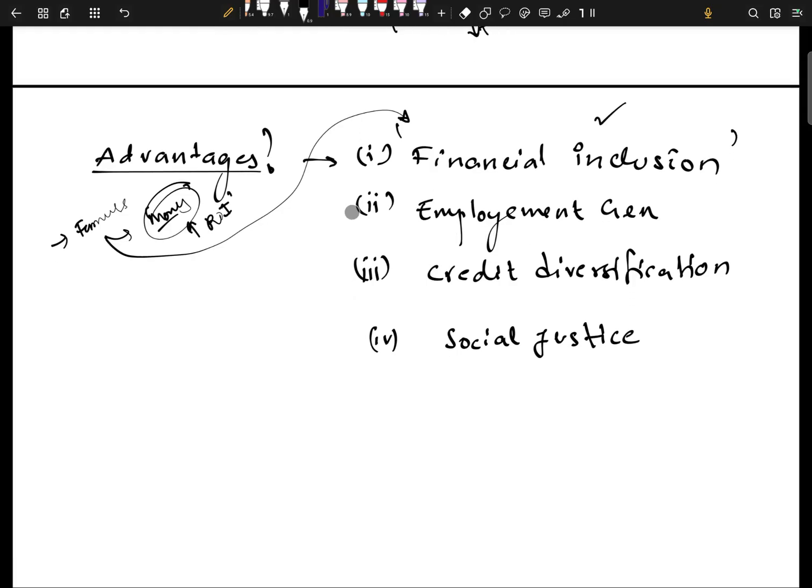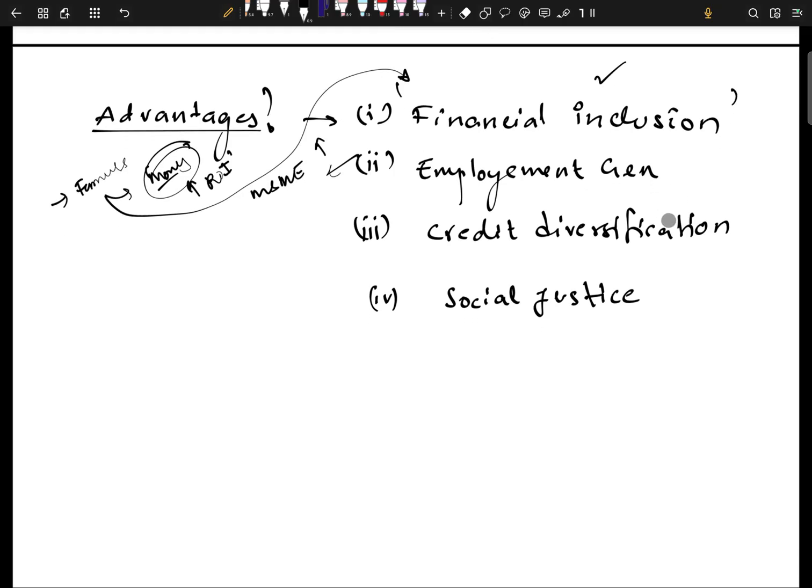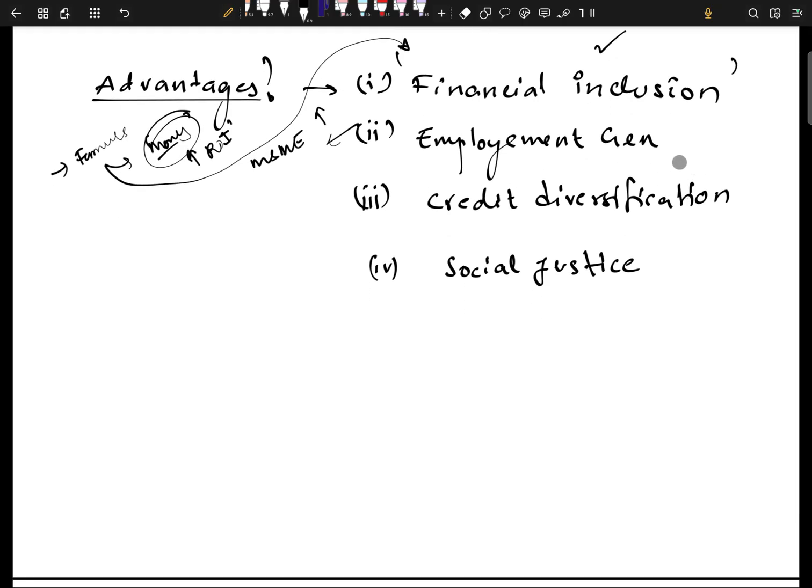And next, employment generation is ensured, because we've seen how MSMEs will lead to more employment generation. And then there is enough credit diversification. Without priority sector lending, the banks would often lend more and more to corporate sectors, right, at basically lower interest rate. So what happens?